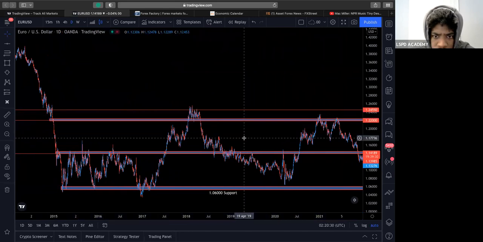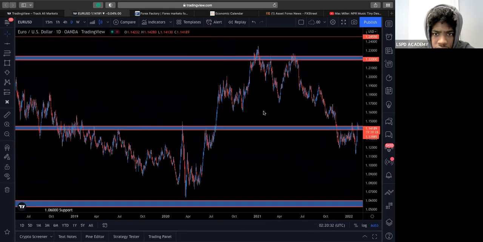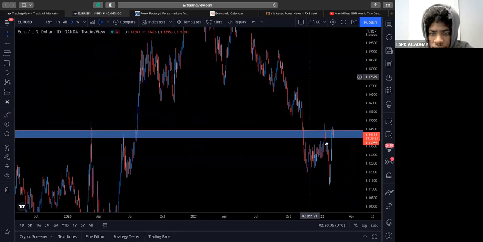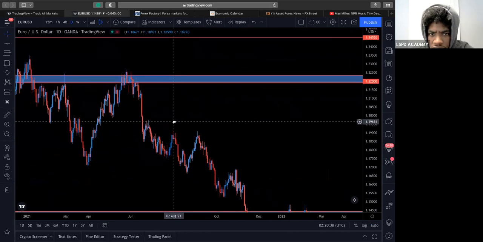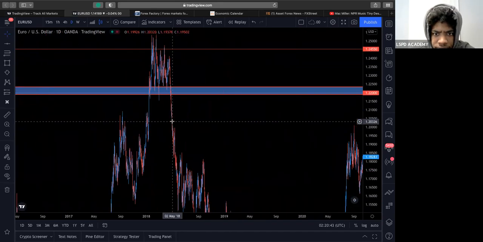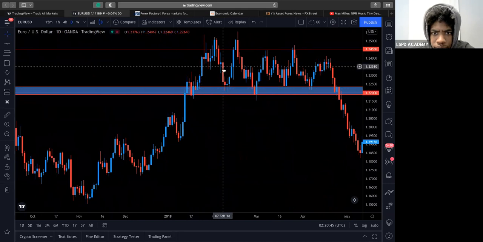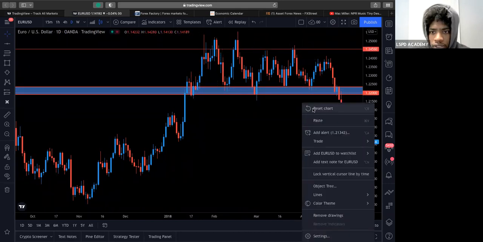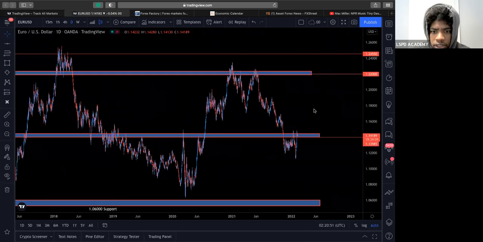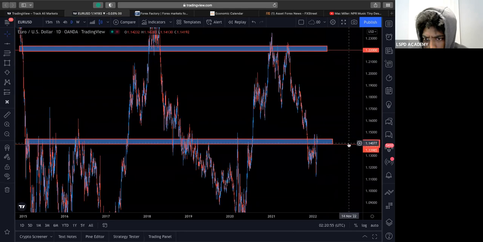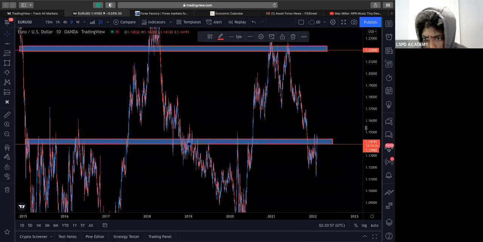So instead of redrawing another zone, I'll just make sure that zone still fits pretty nicely. If it didn't, I would just adjust it. But that zone is fitting nicely. I like it. You see, a perfect support zone under here, with this price action, 1, 2, 3. So I like that.